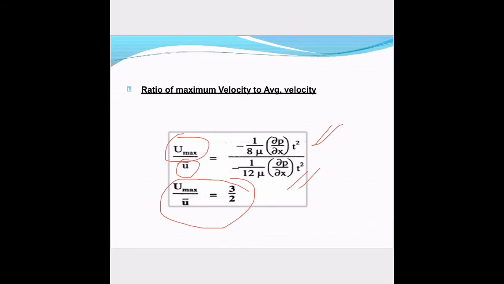Yeah, so the ratio is 3 by 2. Remember these things. The ratio U max by U bar will be 3 by 2.